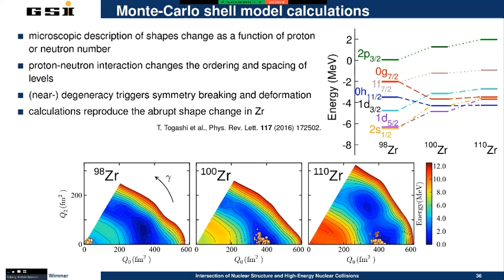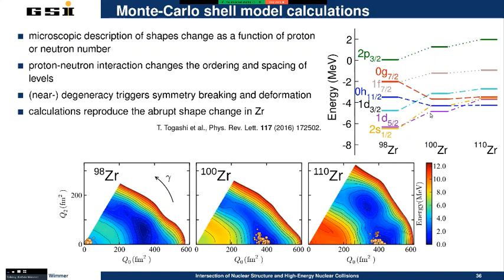In this case, these dots indicate the amplitude of the basis states in the wave function. So you see that zirconium-98 is predicted perfectly spherical, and then with just 2 neutrons more, it's completely deformed. So nuclear structure can really change dramatically by just adding 2 neutrons due to the proton-neutron interaction.